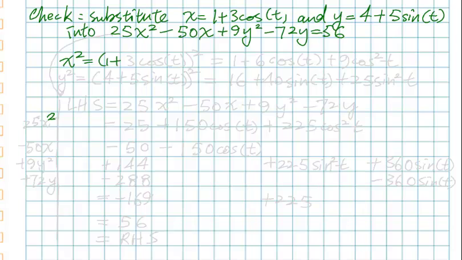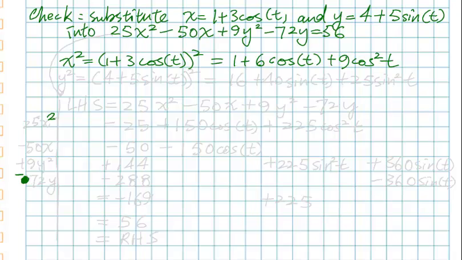X squared equals 1 plus 3 cosine of t squared, which is the square of the first term, 1 squared, that gives us 1, plus 2 times the first term times the second term, 2 times 1 times 3 cosine of t gives us 6 cosine of t, plus the square of the second term, 3 cosine of t squared, which gives us 9 cosine squared of t.